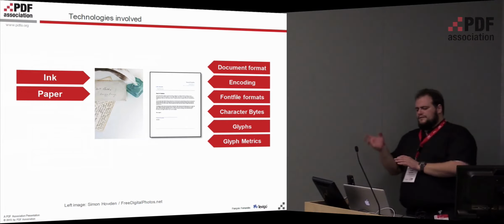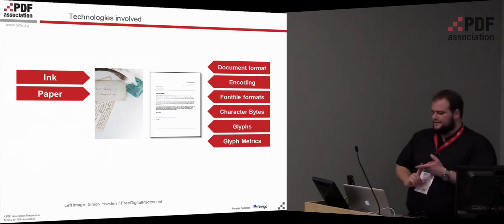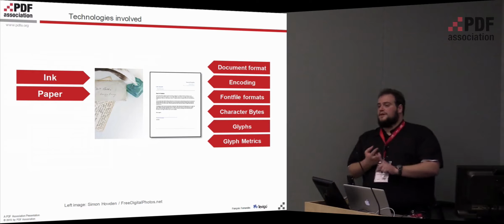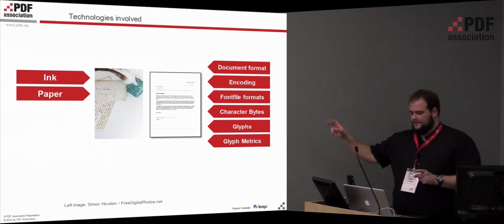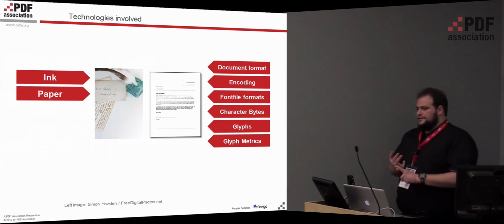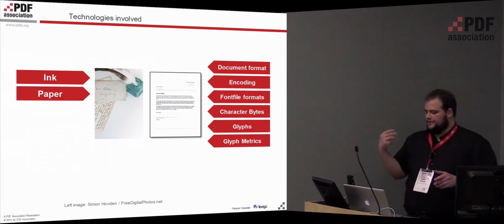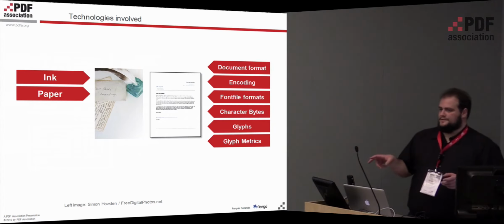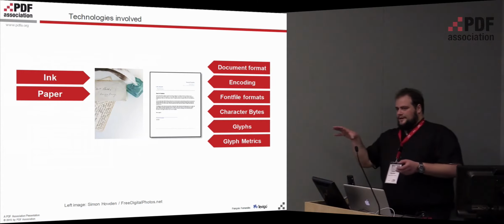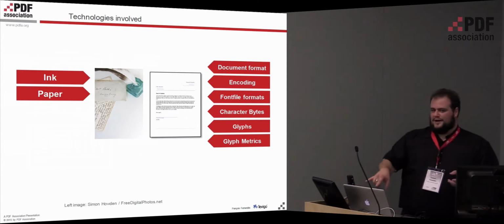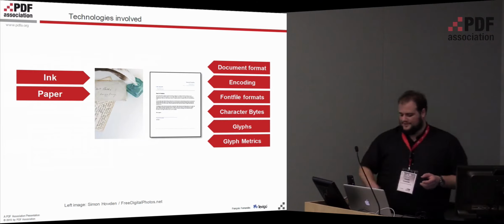We have different document formats. We have different kinds of encodings. We have font file formats. We will get back to them in a second. We have the character bytes, the raw bytes containing the data. We have the glyphs and the glyph metrics. So this is my point of view of why I say the left side is the easy one.